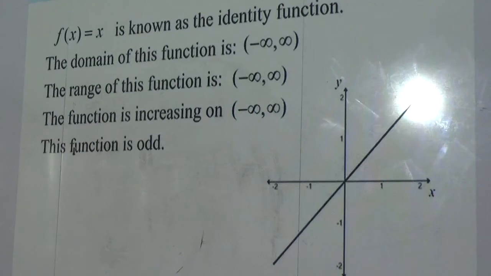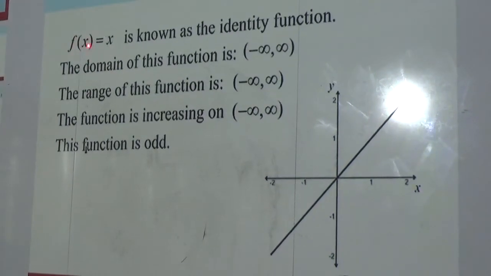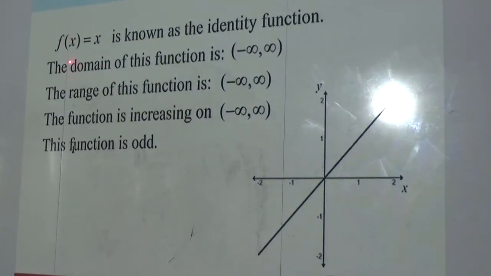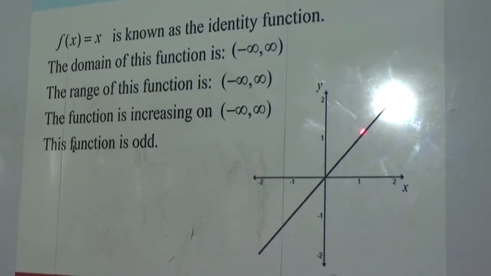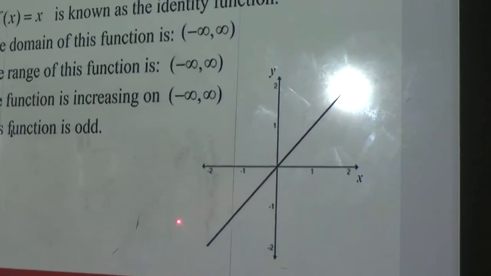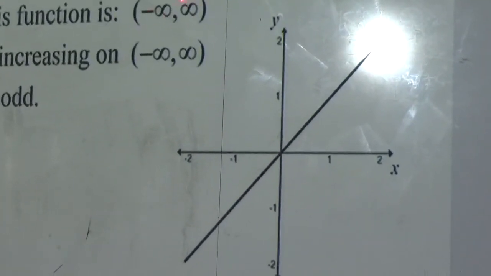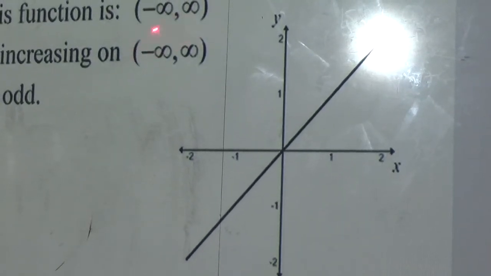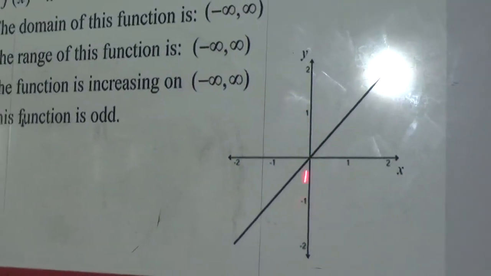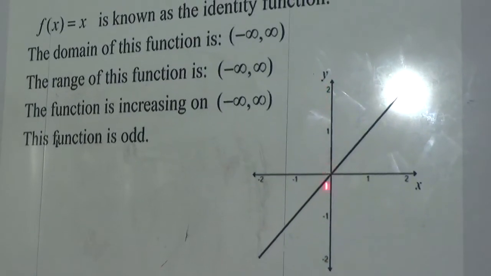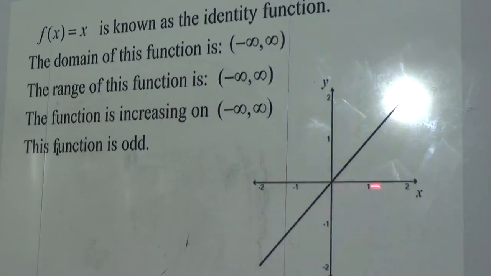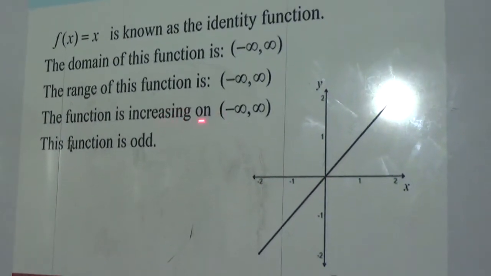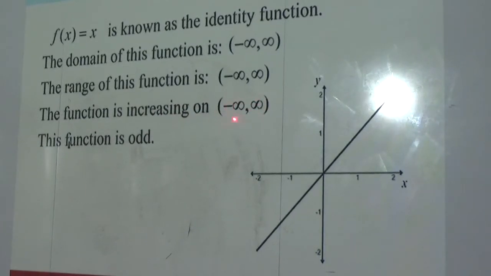All right, this is the function y equals x. Remember, f of x is another name for y, or the output of a function. This is what it looks like. It's a straight line going diagonally through the first and third quadrants. Again, we're interested in the domain, all real numbers here. Range, all real numbers going from negative infinity to positive infinity on the y-axis. Same thing on the x-axis. It's increasing along the entire domain.